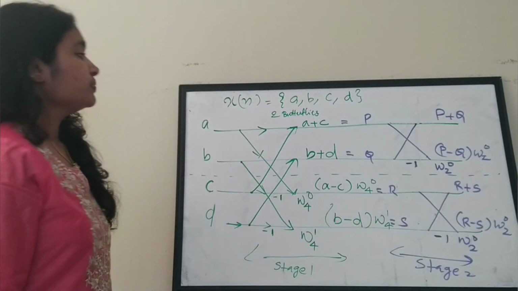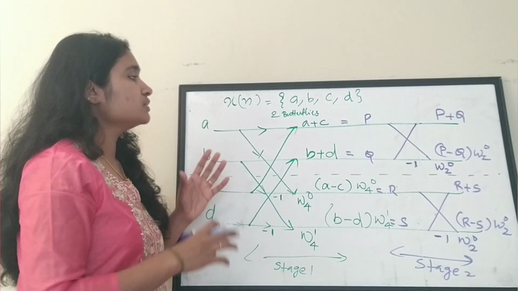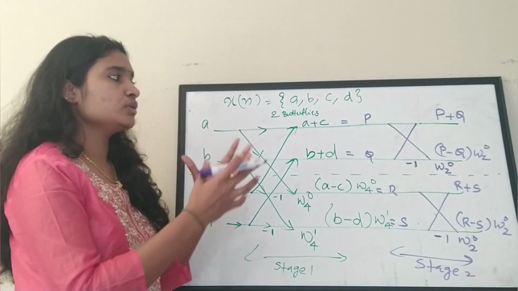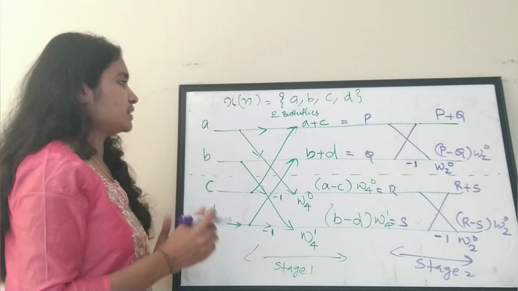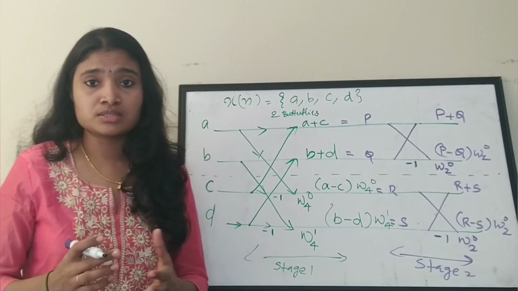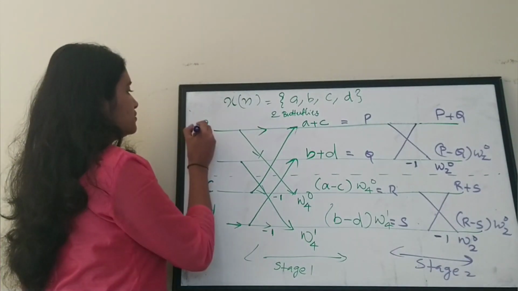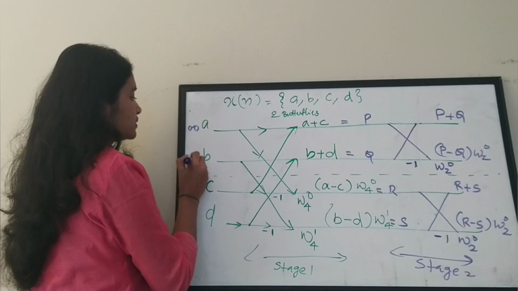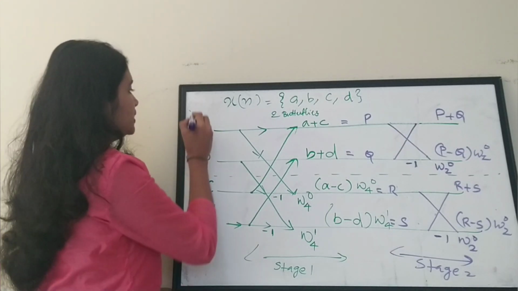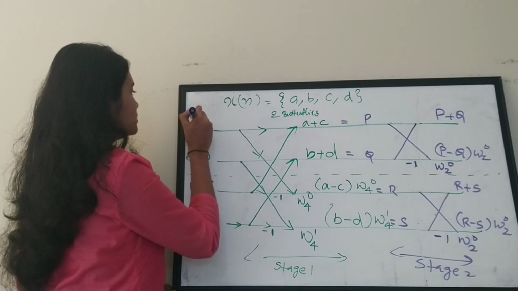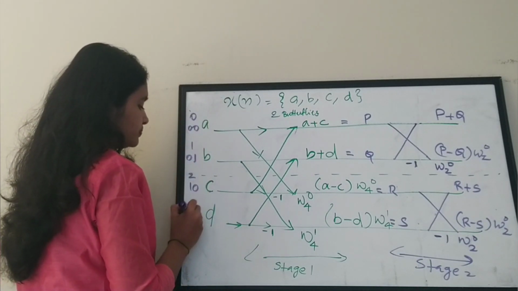Right? Okay, so we have to take into consideration another thing, that is the order of your input and the order of your output. So we have here just taken A, B, C, D like that. So I'm going to consider the order of my sequence here. Let us take the first value as 00, 01, 10 and 11. That is, my inputs are in the order 0, 1, 2 and 3.